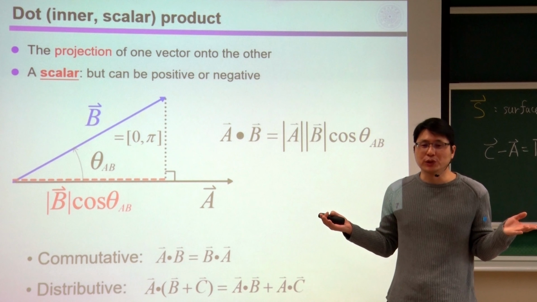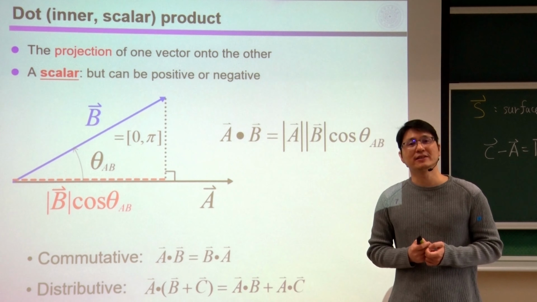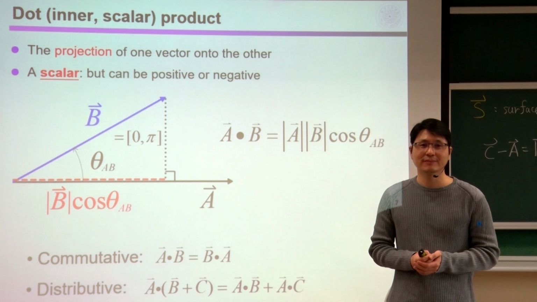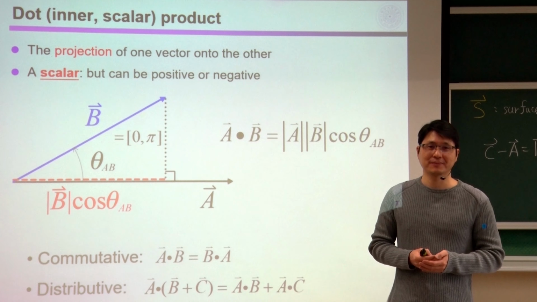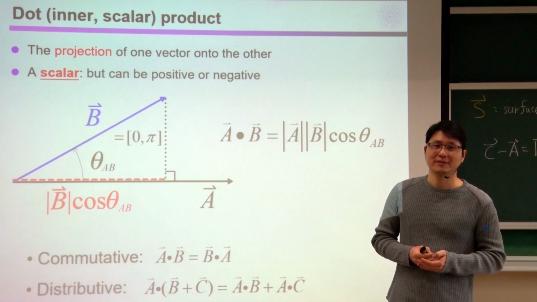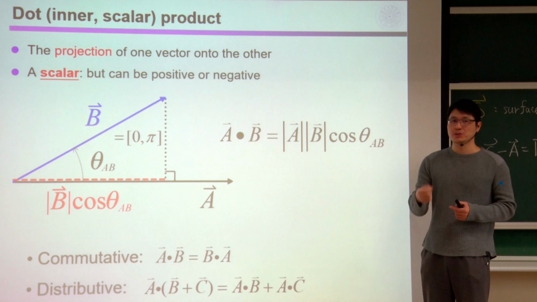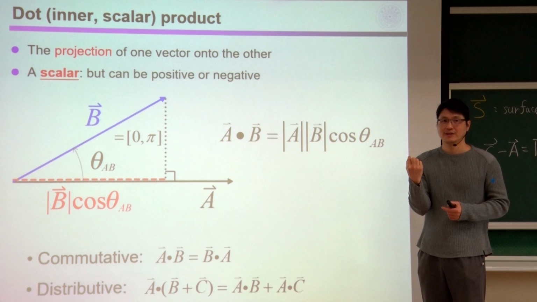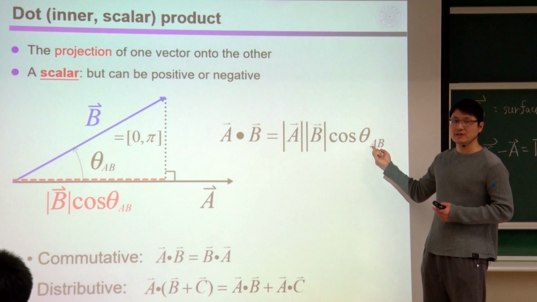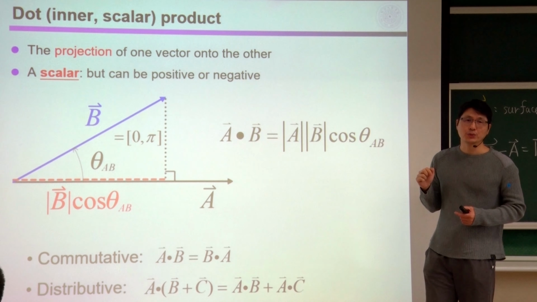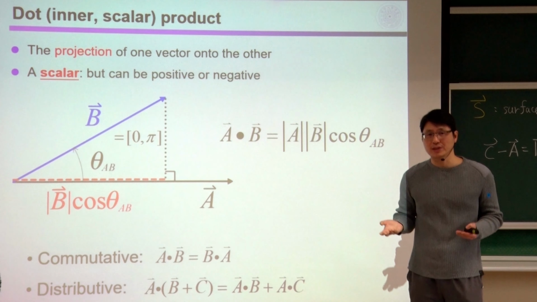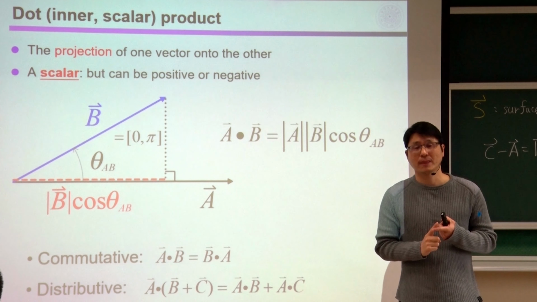How do you make the two vectors unrelated? Nothing in common. They're like strangers. Meaning you want to have A dot B equals to 0. Theta has to be 90 degrees or 270 degrees. They are perpendicular. Okay?